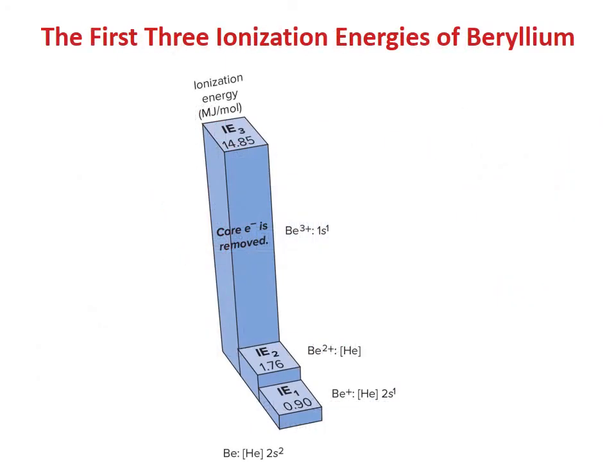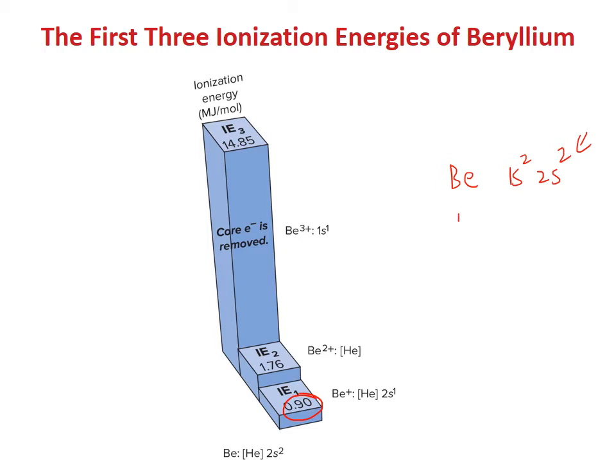Core electrons are much harder to remove than outer shell electrons. Let's take beryllium as an example. Beryllium has 4 electrons. The electron configuration is 1s2, 2s2. To remove one of the outer shell electrons takes 0.9 megajoule per mole of energy, and this is the first ionization energy.